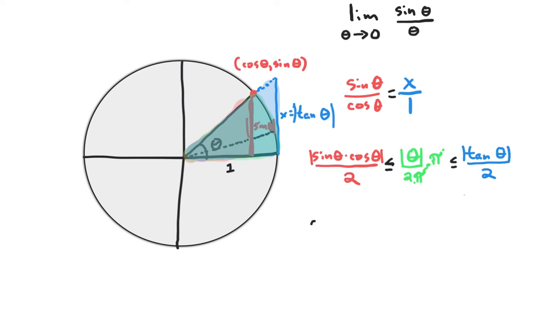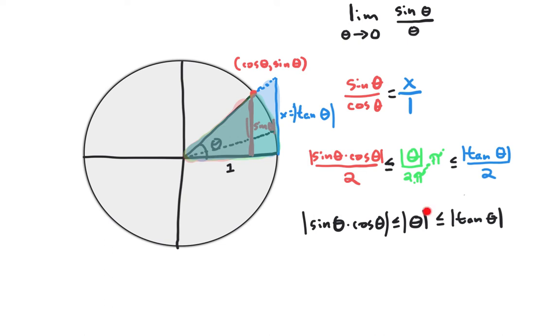So we have sine theta times cosine theta is less than or equal to theta, and let me put my absolute values in here, is less than or equal to tan theta.